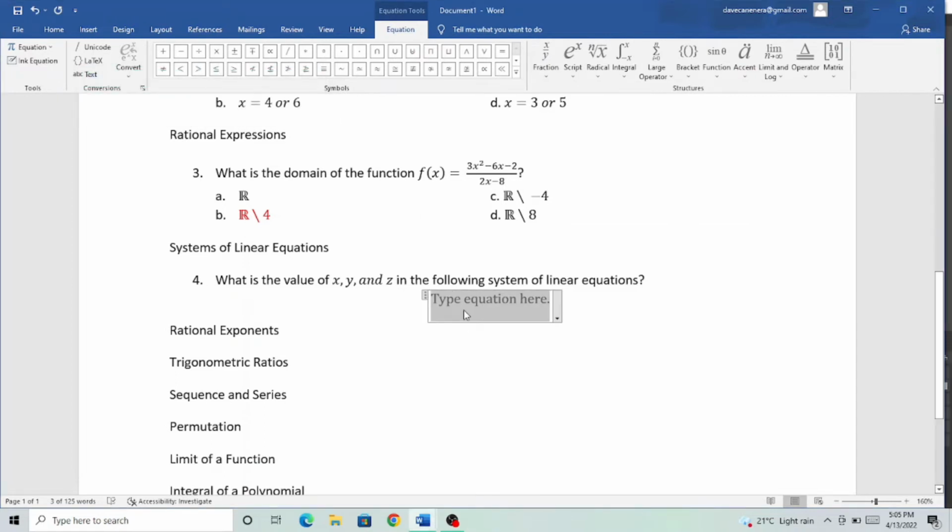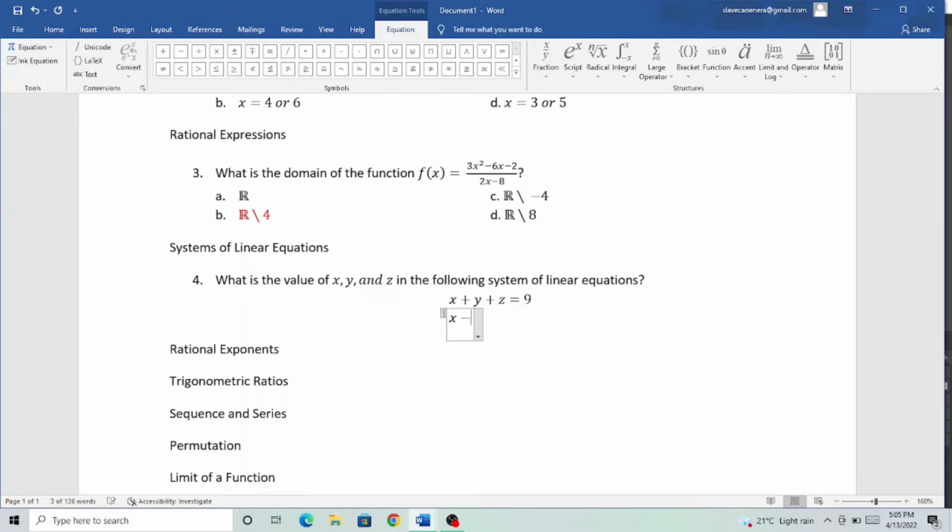We have x plus y plus z equals 9. Another, x minus y plus z equals 2.